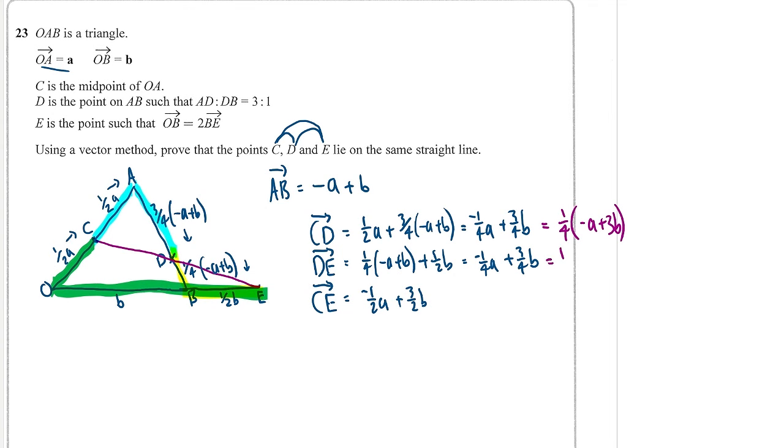And we could take out 1/4 here, which will give me minus A plus 3B. And we could take out a half here, which will give me minus A again plus 3B. So because these are all parallel, it means that CDE is on a straight line. And we're done.